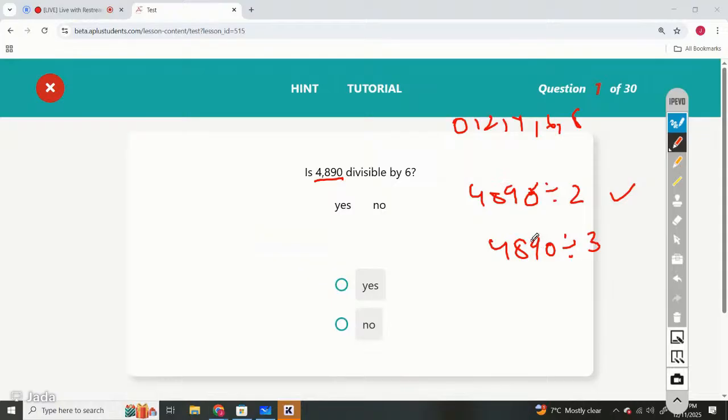That means your number is divisible by 2, right? And the divisibility rule for 3 is you need to add the digits, that is 21. 21 is divisible by 3, right? That means the number is divisible by 2 and is divisible by 3. So that means the number is divisible by 6. Got it?